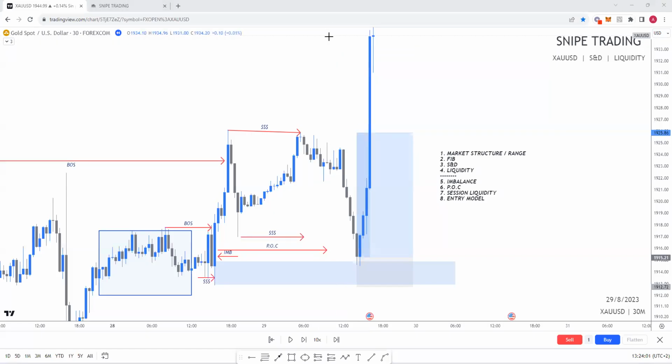What do I think about for today? So I'm still holding on to the buy. It did not tap my break even, but by like a tenth of a pip, literally.